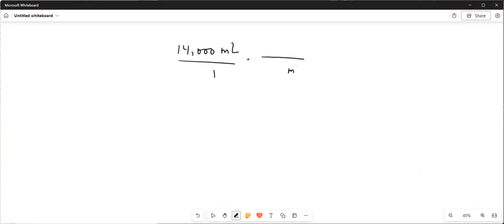So we're going to put milliliters on the bottom and liters on top. So 1 liter, 1,000. This cancels, this cancels. You're going to divide by 1,000. So that's just going to be 14 liters. All right. So as long as you know what the equivalencies are, you won't have any trouble with these.